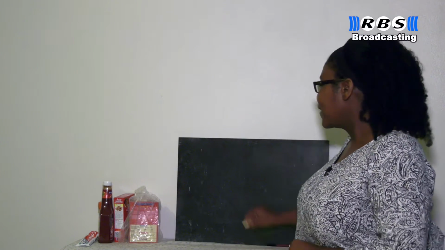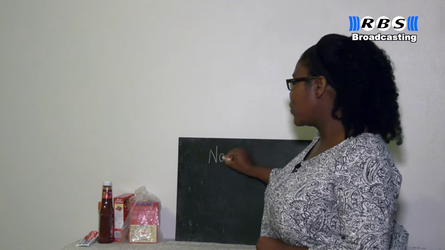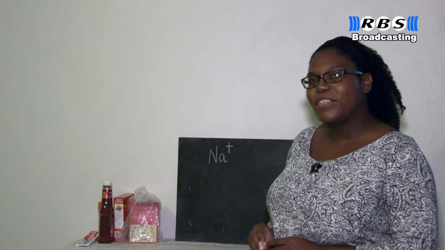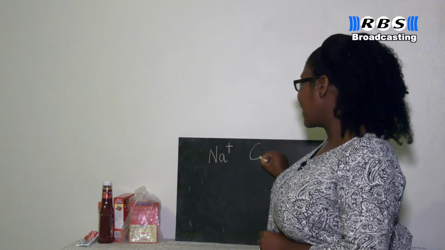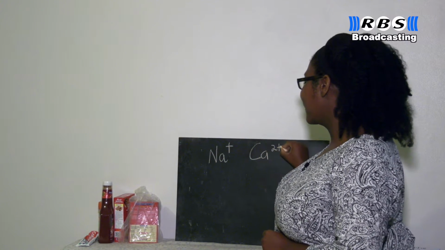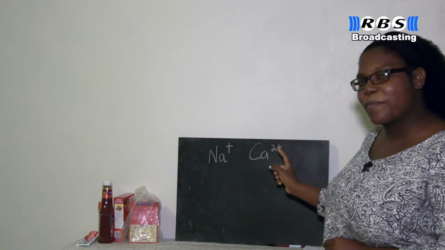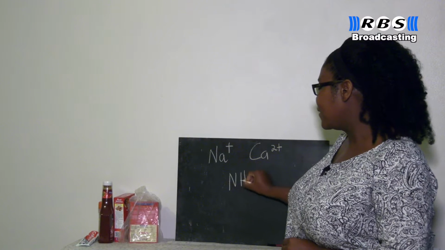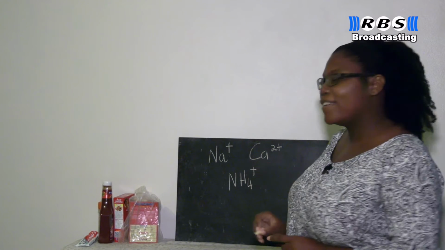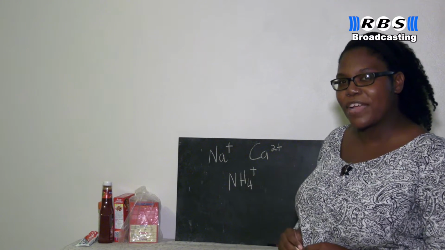Let's take a look at some cations. You have the sodium ion. Notice it has a positive charge. The calcium ion also has a positive charge. The ammonium ion also has a positive charge.